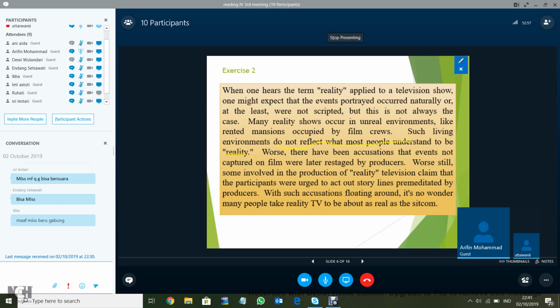Operate natural. So peristiwa yang terjadi sehari-hari.